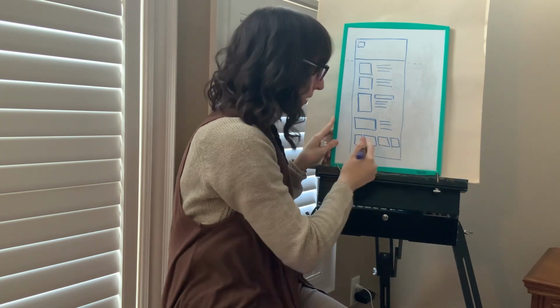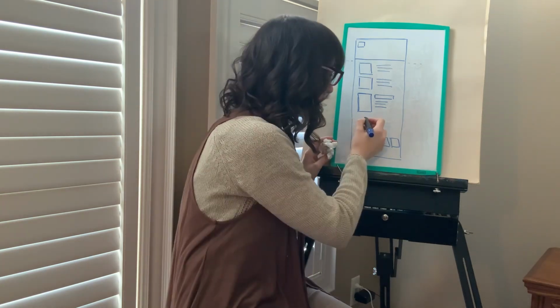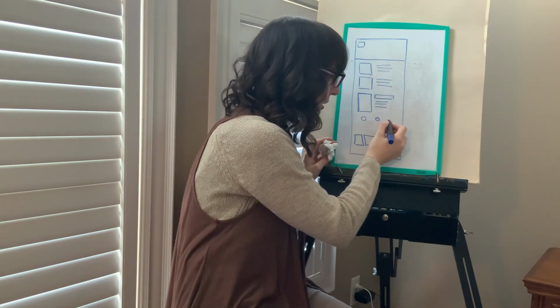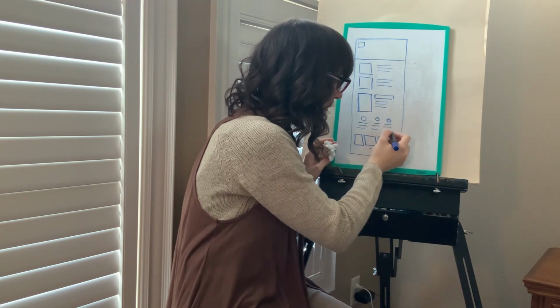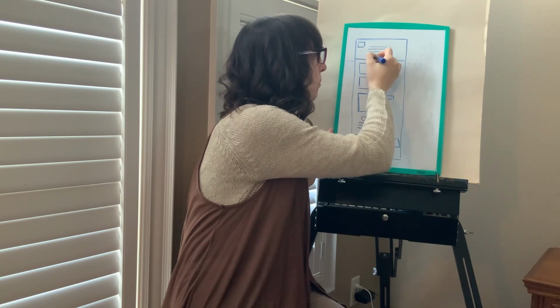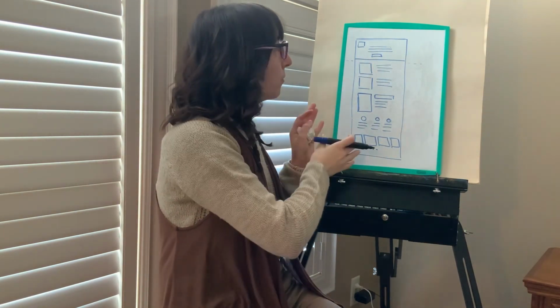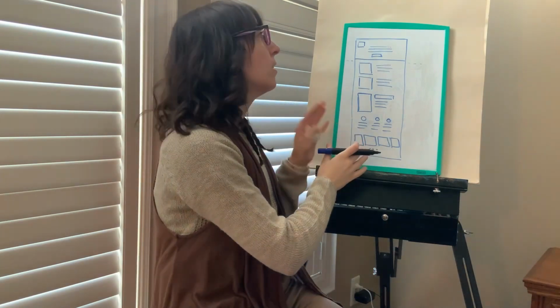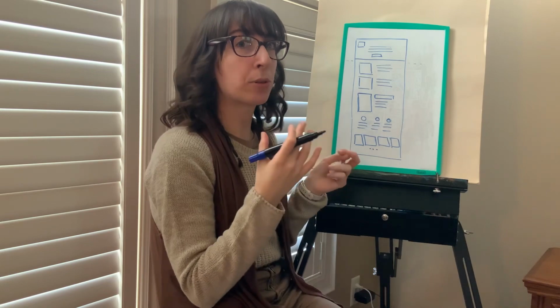And this could be a sliding gallery, for example. So I'm just going to put little icons here as another example of different elements, like a button. So this is basically a rough idea of how many elements you will have in your website.